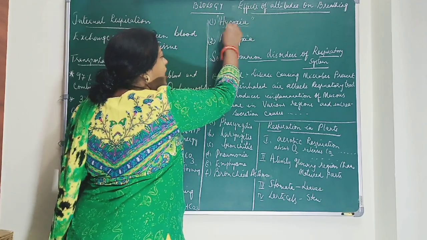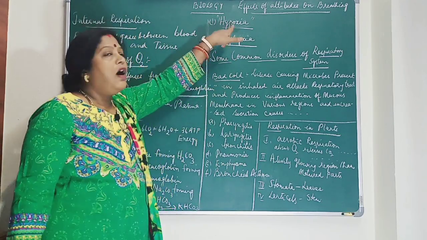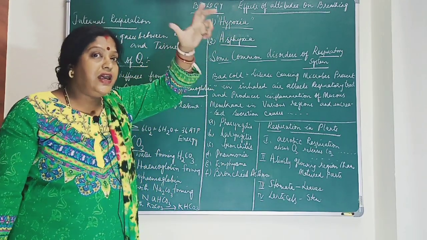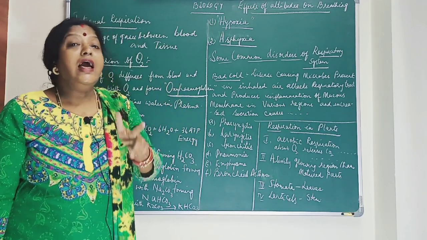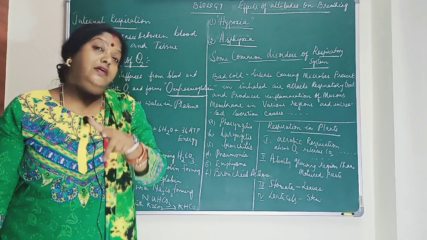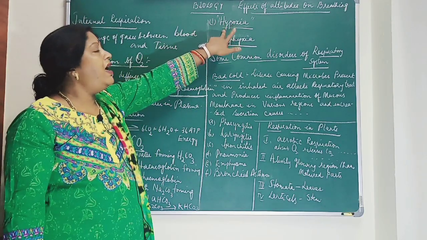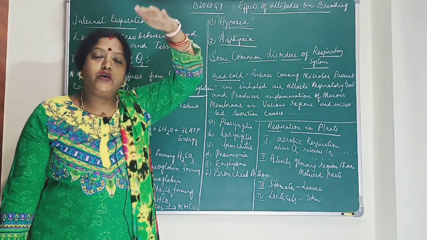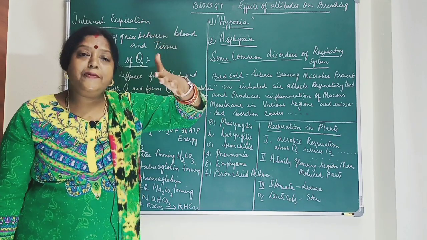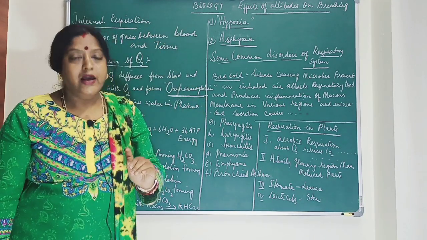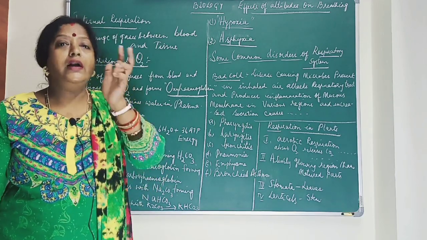What is hypoxia and what is asphyxia? Hypoxia is a condition where the availability of oxygen is lesser than required for the body. As we go higher and higher, the atmospheric pressure goes on decreasing, so the tidal volume of inhaled air also decreases.